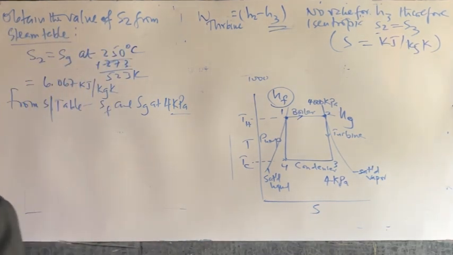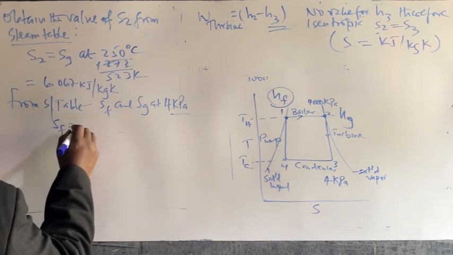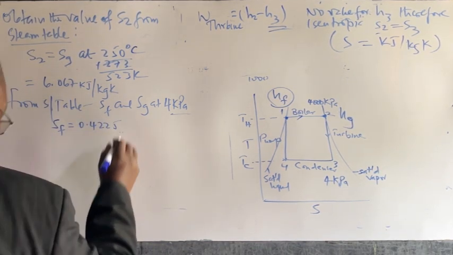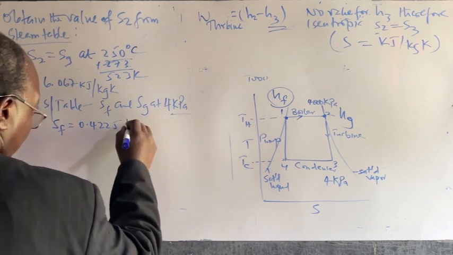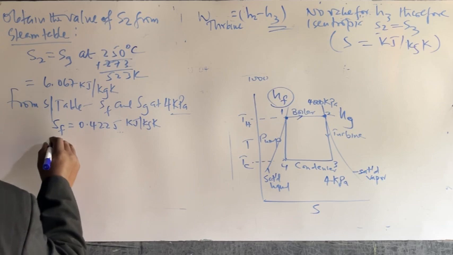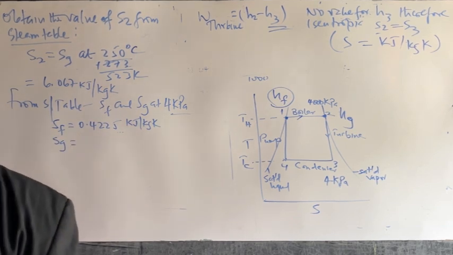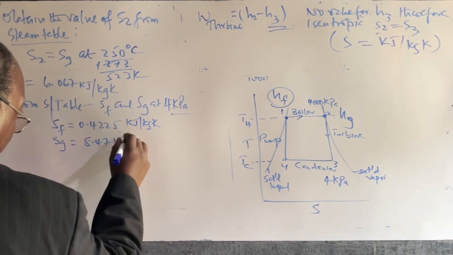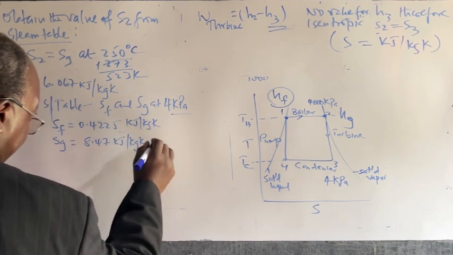And these values are given as follows. The value of SF at 4 kilopascals is 0.4225 kilojoules per kilogram per Kelvin, and SG is 8.47 kilojoules per kilogram per Kelvin.